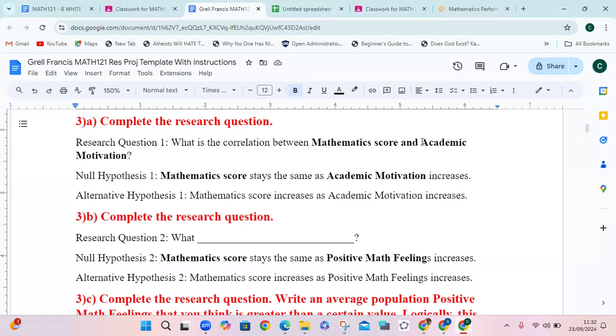So for example, if correlation analysis is being done in a classroom in England and such a question is posed, the professor must write on the board, null hypothesis: score stays the same, or whatever variable, there is no correlation, whereas the alternative will propose an increase or decrease. And that's how you complete research question number 1.